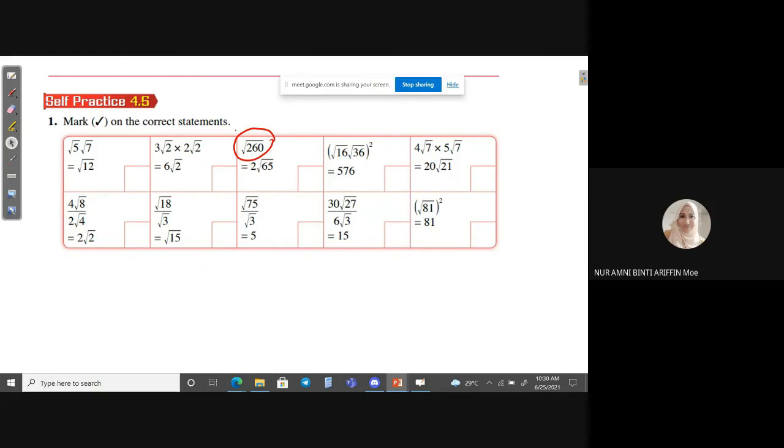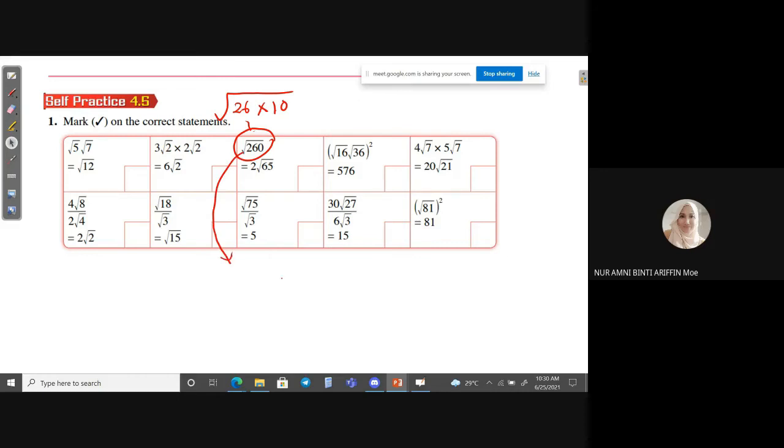Maybe this one is 26 times 10. Or you can do 65 times 4. Why do I take 65? Because the answer already uses square root of 65, right?